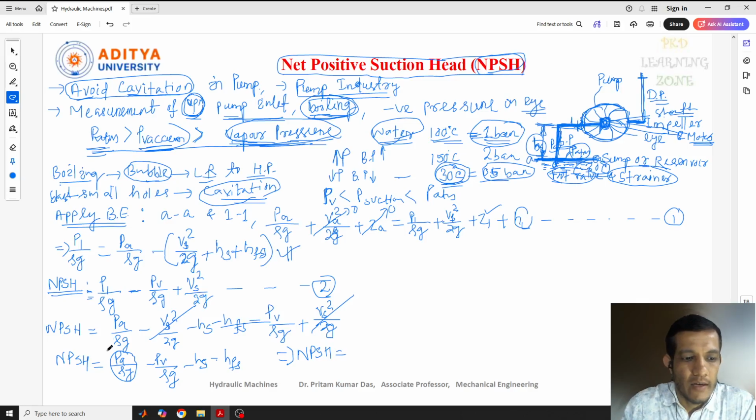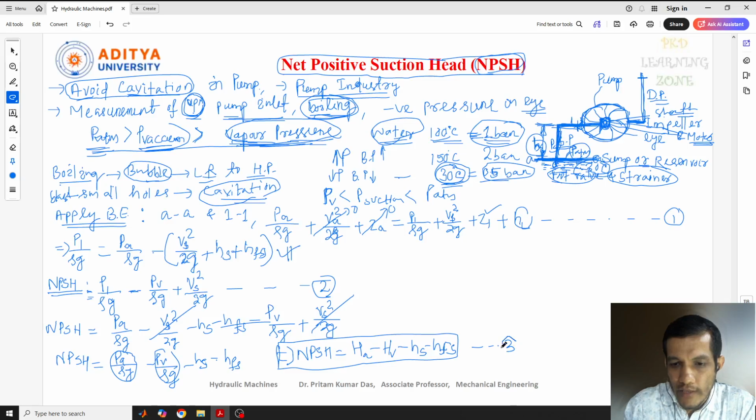This is nothing but the atmospheric pressure head, so I'll write it as HA. Then this one is nothing but HV, the vapor pressure head, then minus HS minus HFS. This is the final equation of the NPSH. We can call this equation number 3.